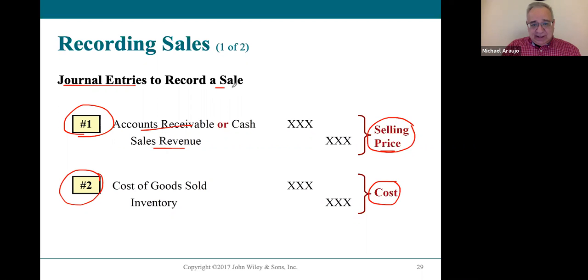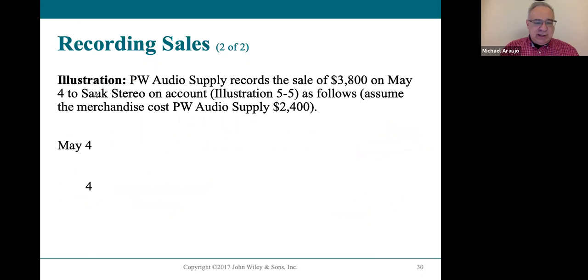Every time a sale is made, you're debiting either receivable or cash, crediting sales revenue. Then you take another look and say, okay, I have a cost of goods sold, because I owned it before I sold it. So what's the cost? And I'm going to take it out of inventory. So these two things are what you do to record a sale.